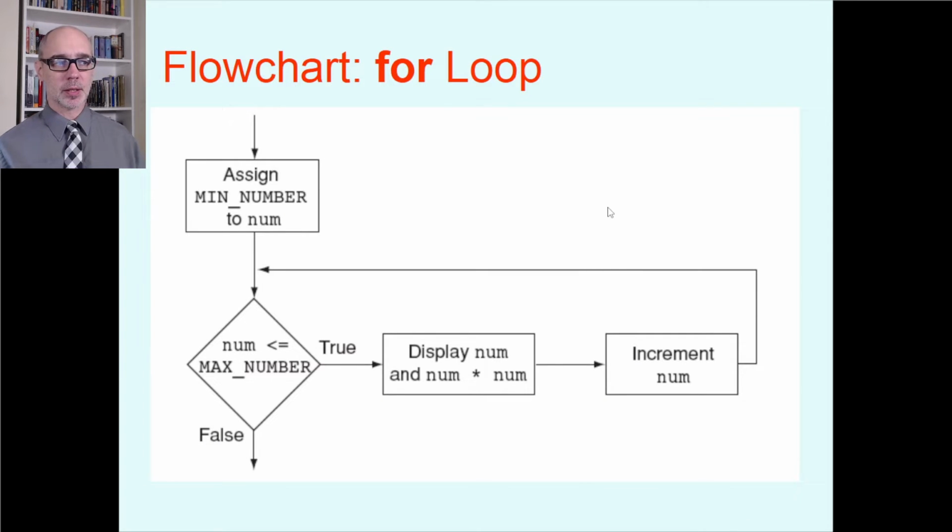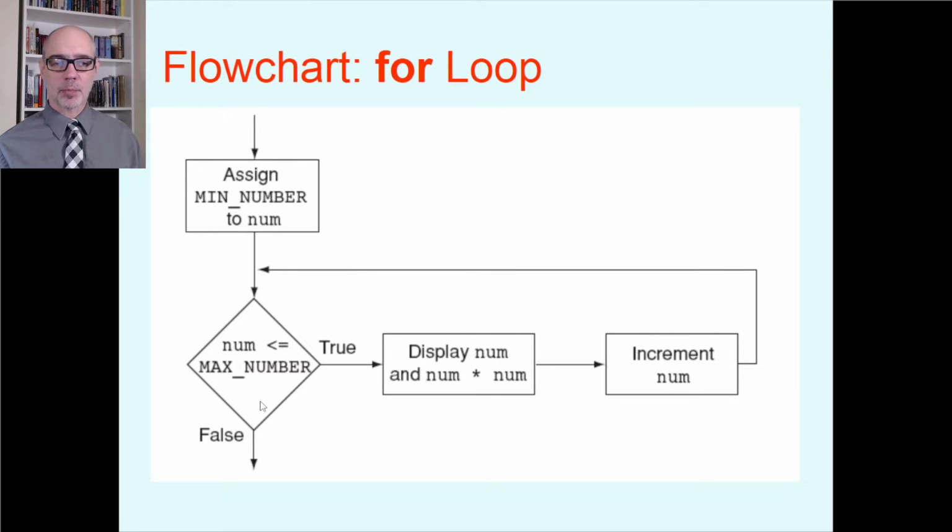Here's a flowchart for a for loop, and you can see again this is just going to be one line, plus the controlled statement. We're going to see this in the next code sample. So the initializer happens first. You hit a for statement, and the initializer happens first. And what you're going to see in this example is num equals min number, like maybe 0, for the start of it.